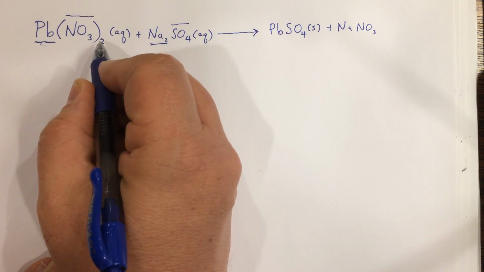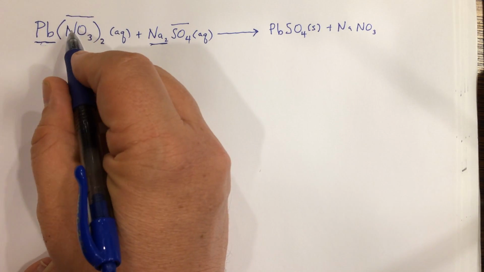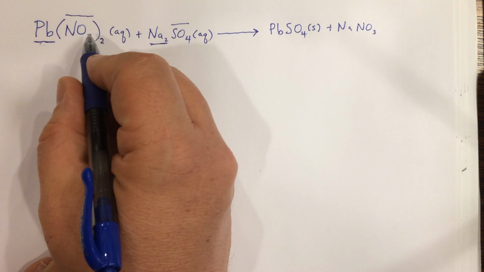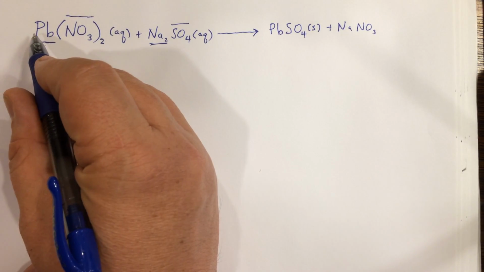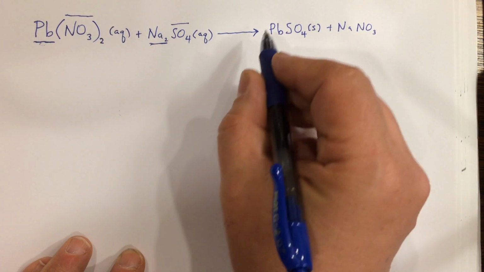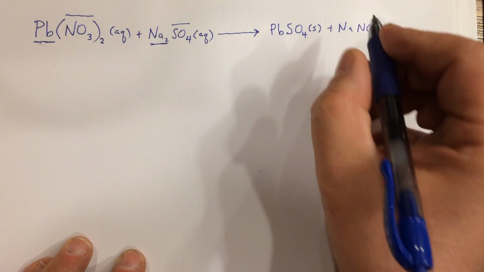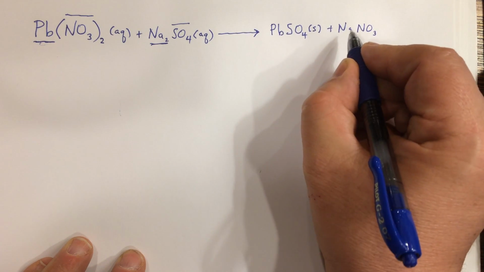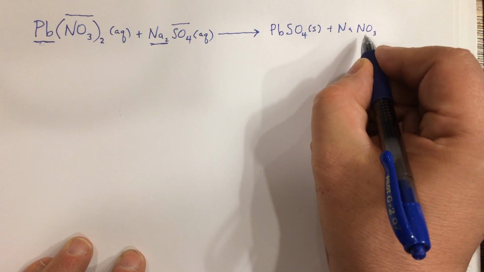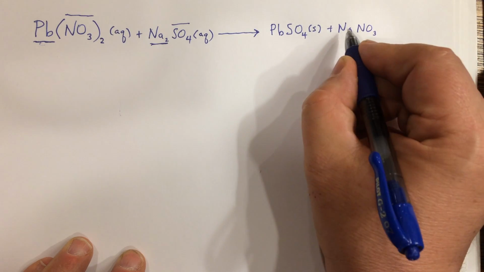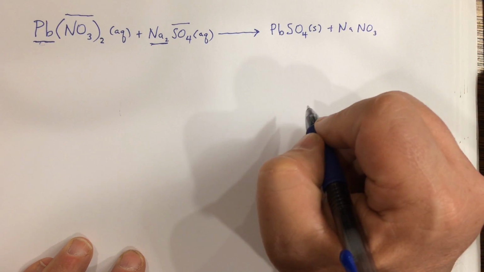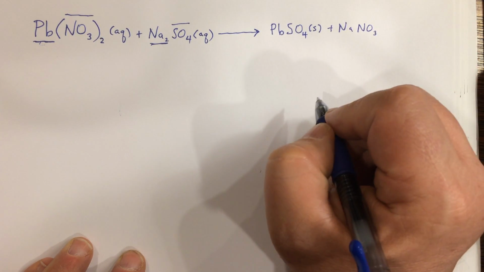So there's two -1s, so the anion is -2, and to balance with that, it would have to be +2. So this is lead 2, and you don't have to do anything. This is +2 and -2. Sodium is +1 because it's in group 1. Nitrate is -1, so this doesn't have to be fixed either.